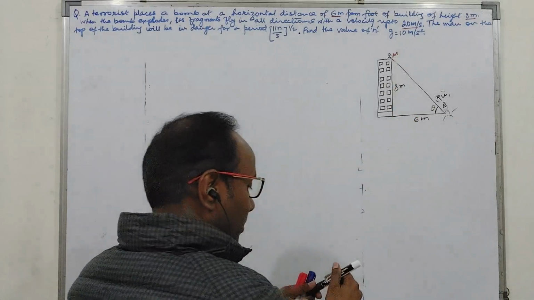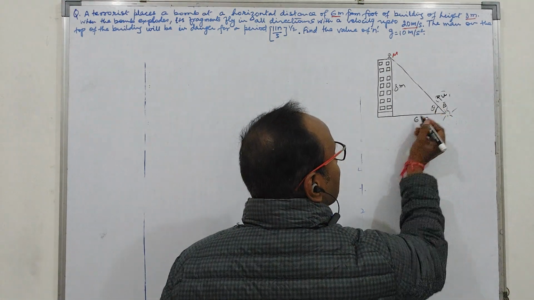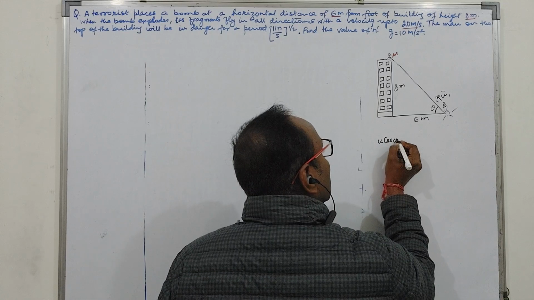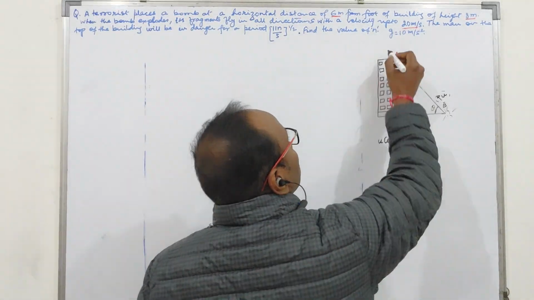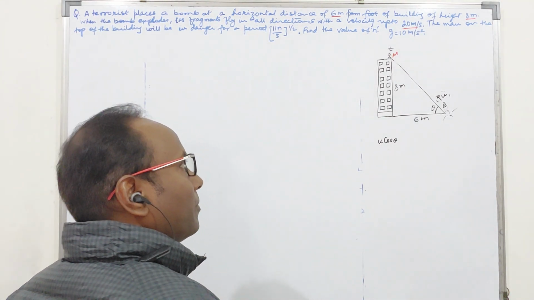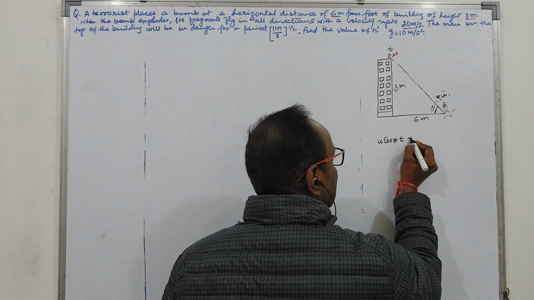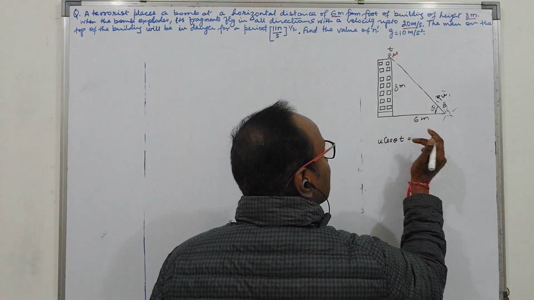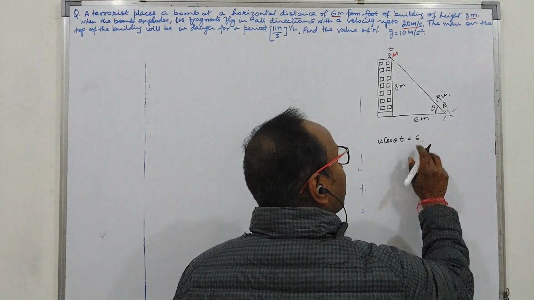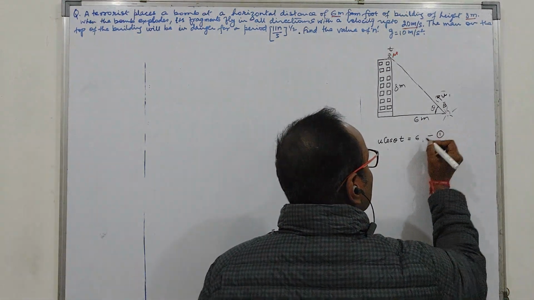In the horizontal direction, this angle is theta, so the velocity is u cos theta, and let us say at time t the fragment reaches here at M. So u cos theta into t will be 6 meters, right? This is equation 1.